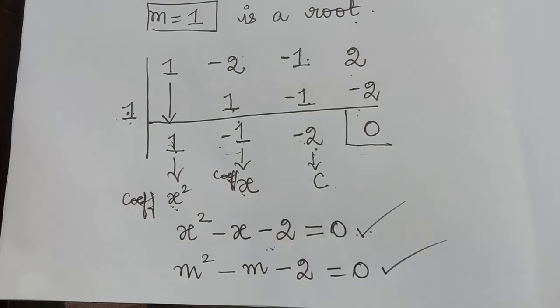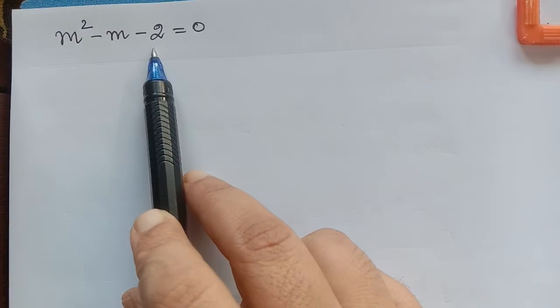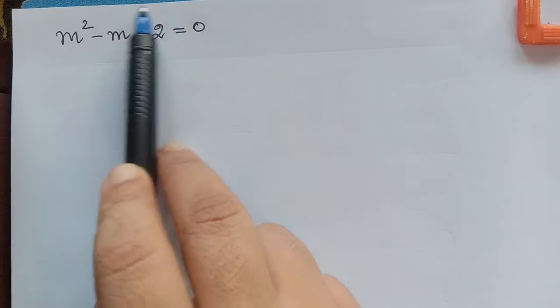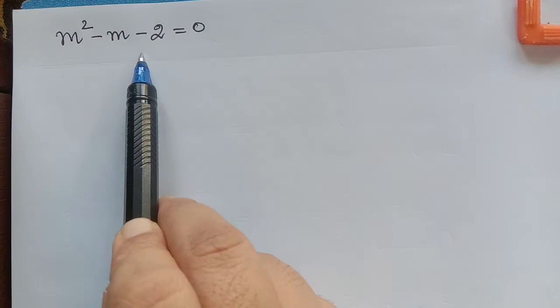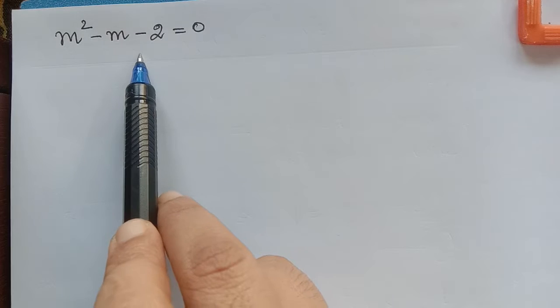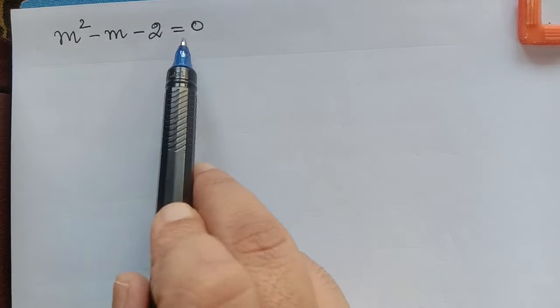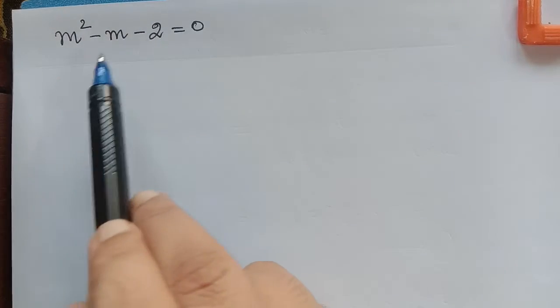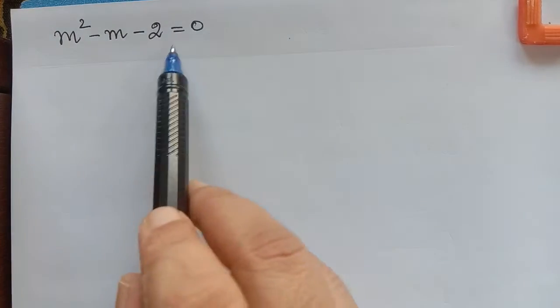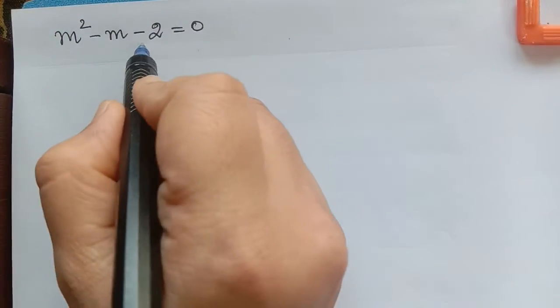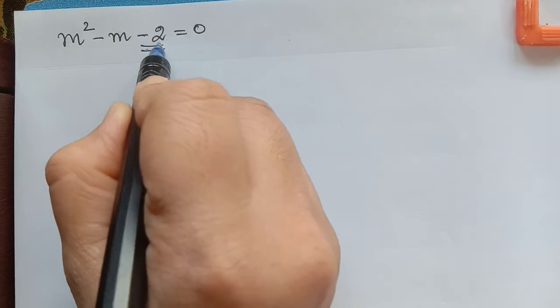Now in order to factorize this quadratic equation, I am going to use the Hill method. You can also use the formula method, which is minus b plus or minus square root of b squared minus 4ac divided by 2a. You can use either that method or the Hill method, which I am going to use now. Here I should check the constant term, which is minus 2.